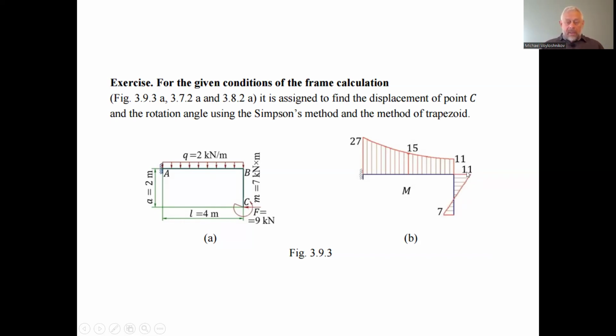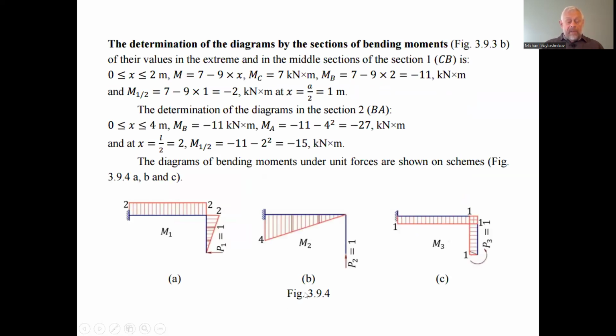We can find it as 11 plus, not plus but minus 7, since it is in the other direction with another sign. So 11 minus 7 is 4, divided by 2. We can find the middle magnitude of the bending moment here: 11 minus 7 divided by 2 is 2. 2 is the magnitude, and we have to multiply this in the middle by the diagram of the unit force, which has a triangle shape with the maximal value in the middle.